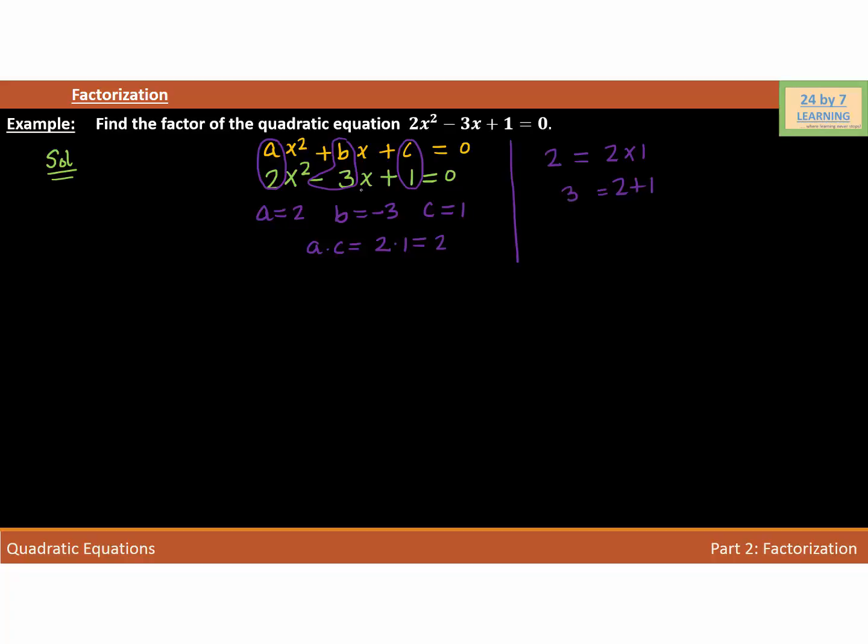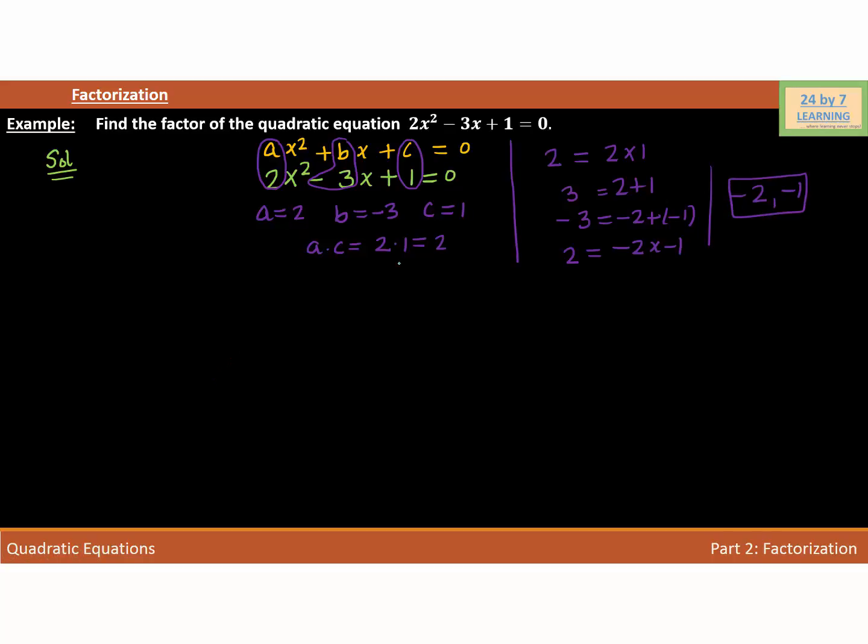So I can see my factors are -3. So basically I can get -3 as -2 plus -1, and if I multiply -2 times -1, I will get 2. So basically my factors -2 and -1 work pretty well with this equation.